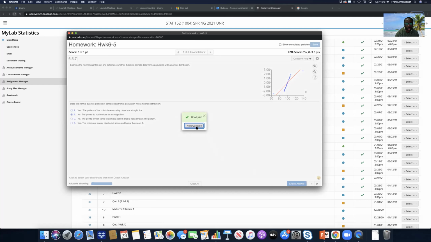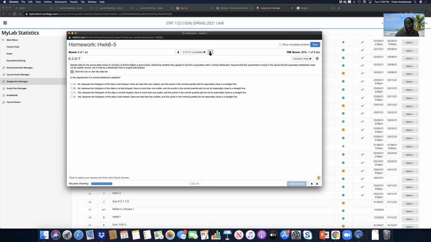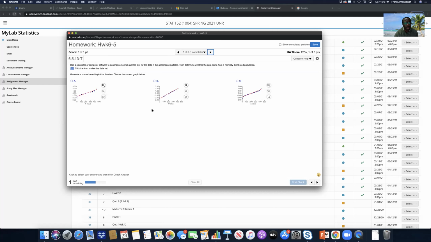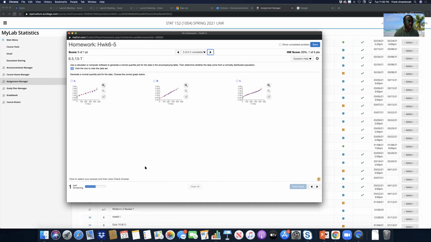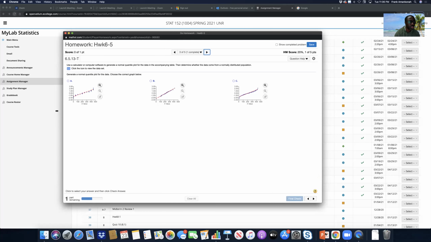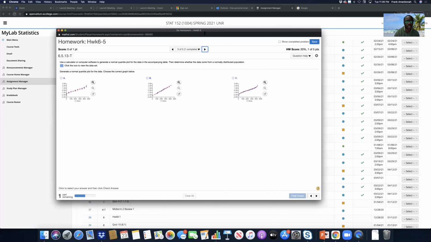Then let's go to question number 3. It says use a calculator or computer software to generate a normal quantile plot for the data in the accompanying table, then determine whether the table comes from a normally distributed population.